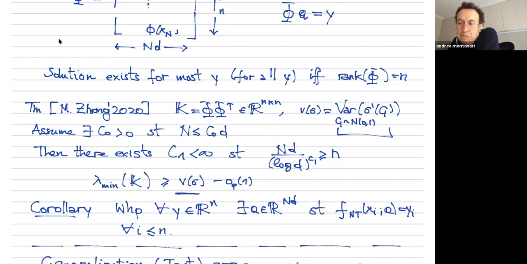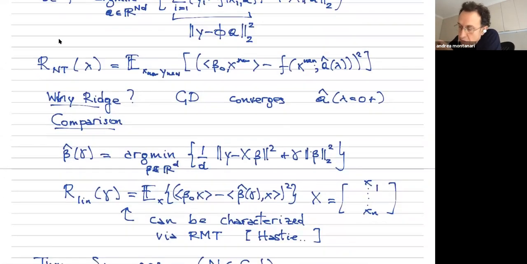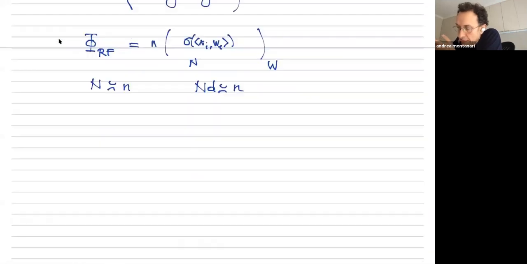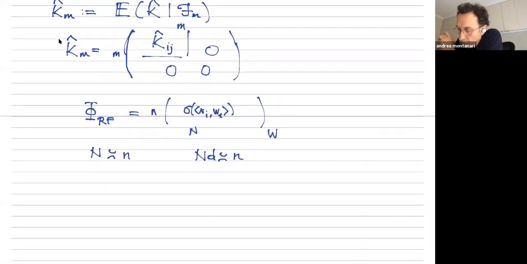You see it very easily in kernel methods. You can think of this as a complicated kernel method in the sense that the kernel itself is random. But if you look at a somewhat simpler setting, this was studied, for instance, by Liang and Rakhlin, and before them by El Karoui.